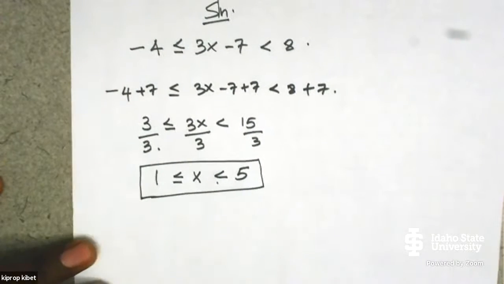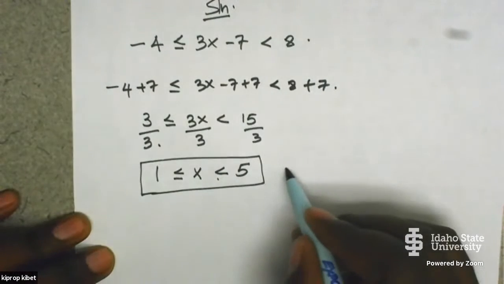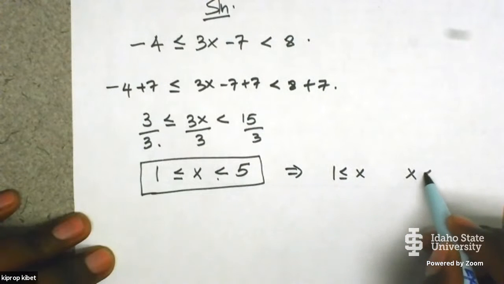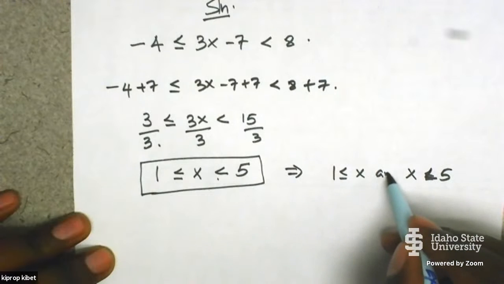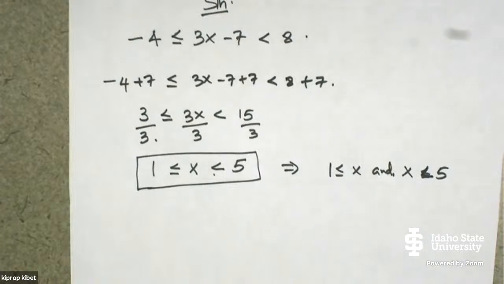So basically, this is equivalent to x greater than or equal to 1 and x less than 5.